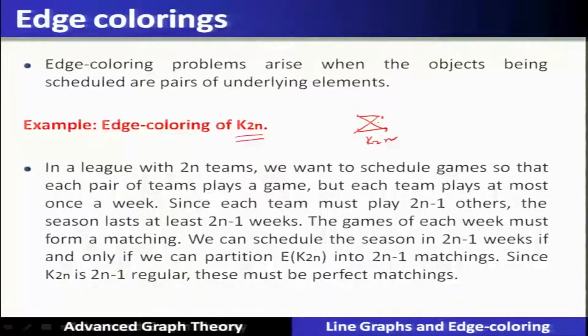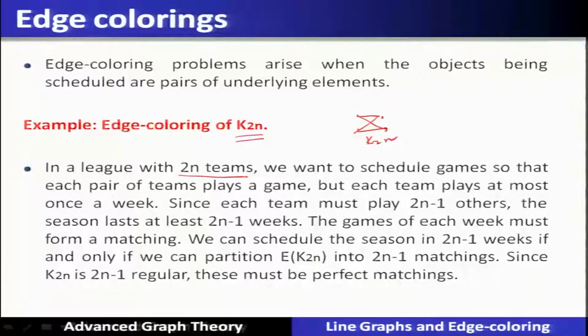So, in a league of 2n teams, we want to schedule the games so that each pair of teams plays a game, but each team plays at most once in a week. Since each team must play 2n minus 1 others, the season lasts 2n minus 1 weeks. So, the games of each week must form a matching.